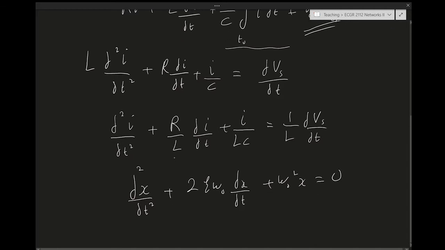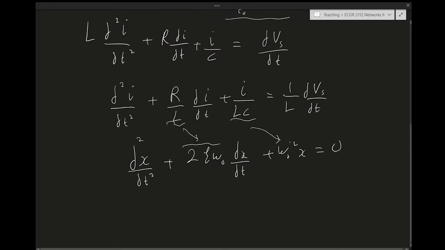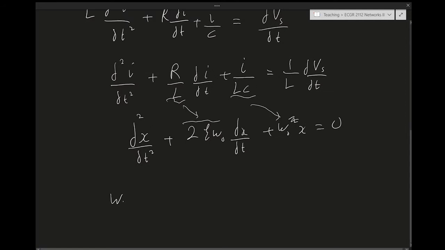Compare the constants. We get the same result as far as omega naught is concerned. Omega naught squared here turns out to be 1 over LC, so omega naught will be 1 over the square root of LC.